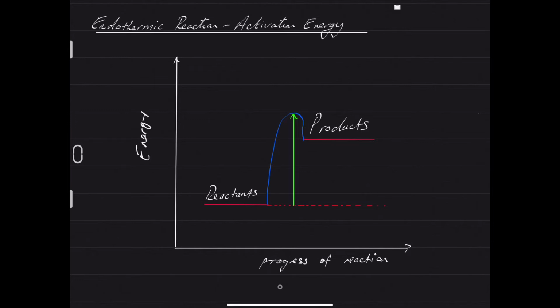So if we had to label this, we'll say this is the activation energy. So can you, on your diagram, or we can draw it separately to the side because we're focusing only on the activation energy part of the graph, add this to your diagram or draw a separate graph showing the activation energy and how we represent it for an endothermic reaction?